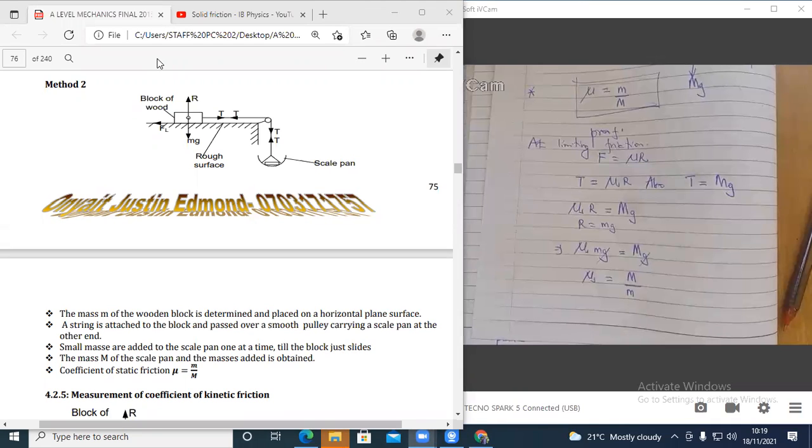Last year, if I'm not mistaken, there was a paper for those who sat last year. I saw some question about friction, but it was quite challenging. I've forgotten it. I don't know if you can get that paper.